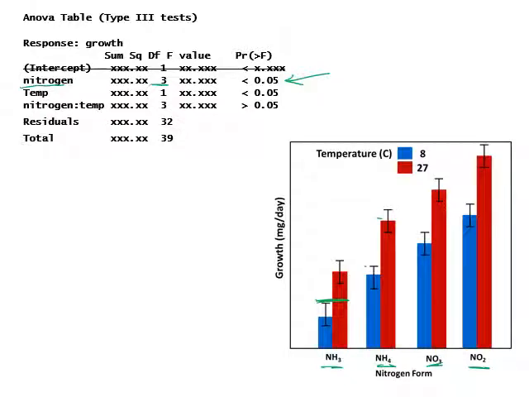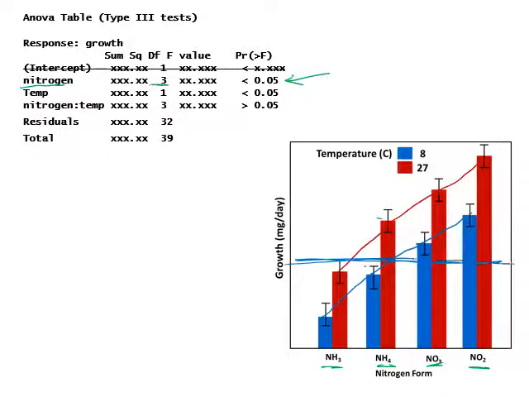But now we can look at the effect of temperature. You notice that the blue bars for temperature are all very systematically below the red bars for temperature. So the average growth for 8 degrees C is the average of the 4 blue bars, and the average of the 4 blue bars is, you know what, it's probably right about here.